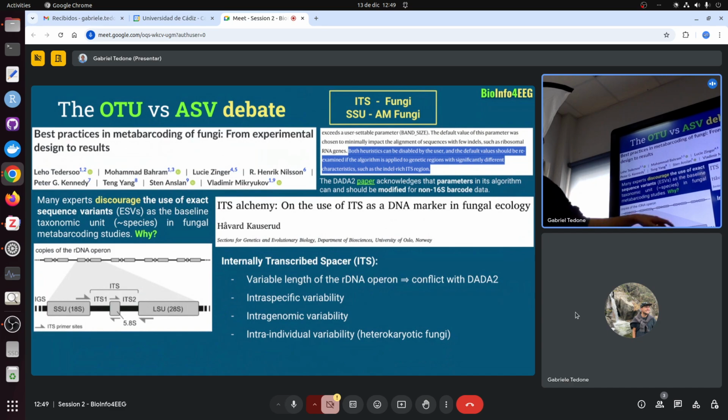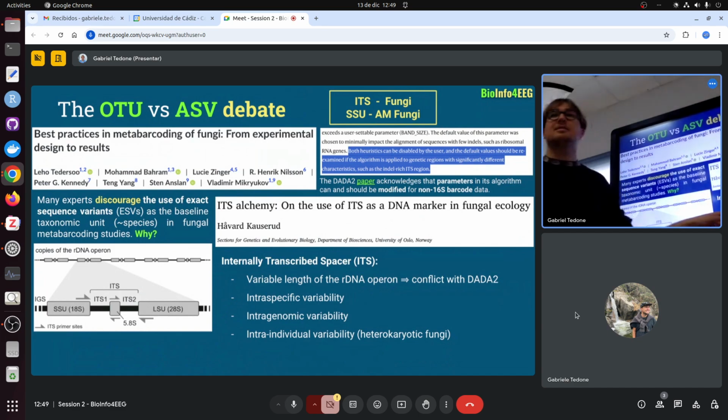So the ITS region is way more variable. It has higher intraspecific variability. It has high intragenomic variability and high intra-individual variability in heterokaryotic fungi. What does this mean?